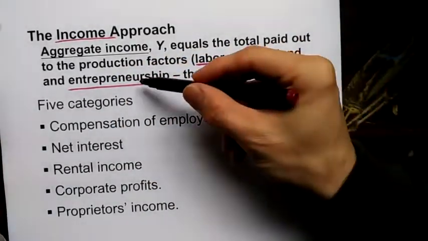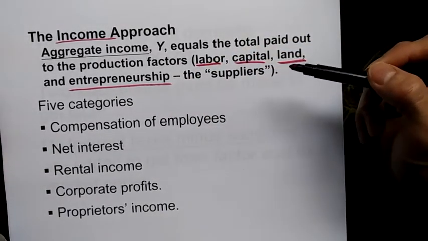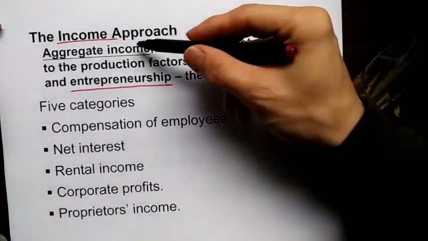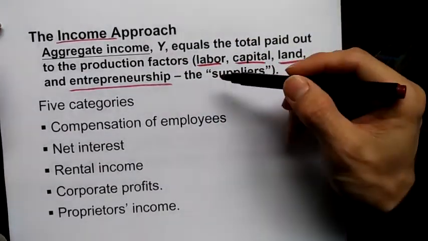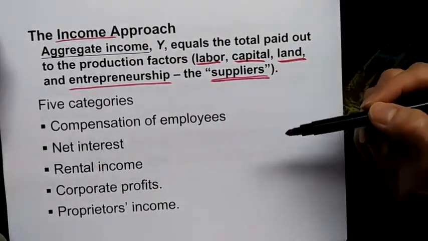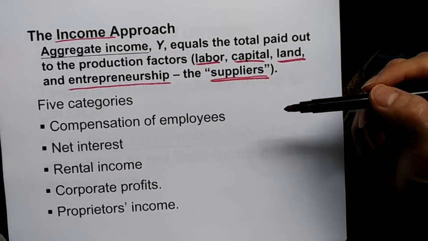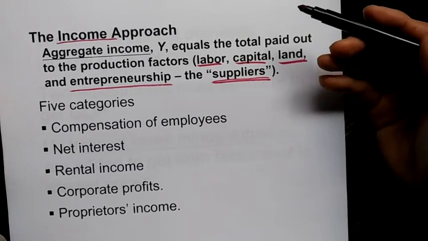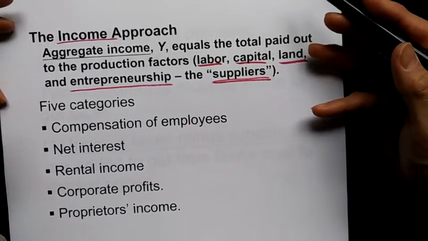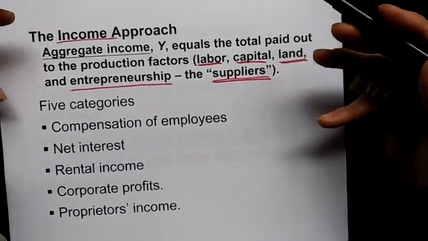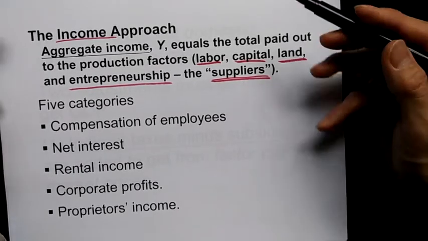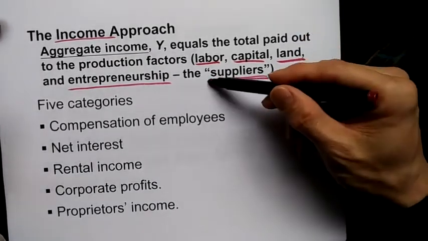These are the production factors. They produce and therefore they earn income. So the aggregate supplier's behavior is that they produce. They are production factors. So the income approach is from the aggregate supply side. Look at the behaviors of the suppliers.